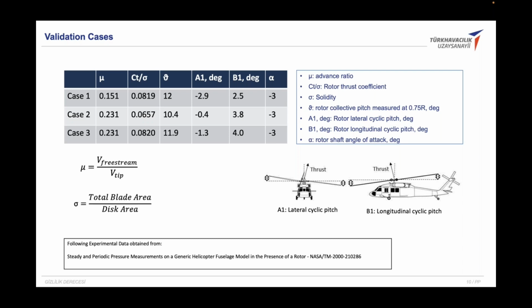As you know, in helicopter systems, on the left side, air comes to the airfoil from the trailing edge, and on the right side, air comes to the airfoil from the leading edge. So there's a difference because of the free stream. You have to change your pitch angle to generate equal lift on each side.